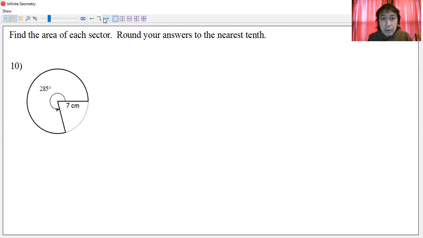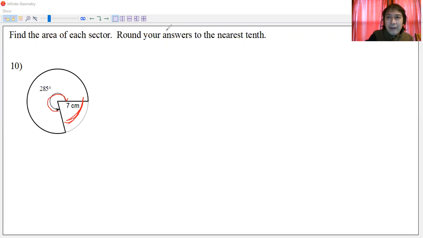Find the area of the sector, round the answer to the nearest tenth. Again, we have a radius of 7 centimeters, and the central angle is 285. Take note, we're after that central angle, not this angle. It's the larger one that we are going to use, the 285.